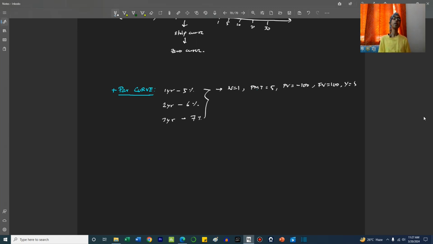Yeah, it's 5%. So this is the year 1 par rate. For year 2, what we do is 100 is equal to 6 by 1.05 plus 106 by (1 plus par rate at year 2) whole square.